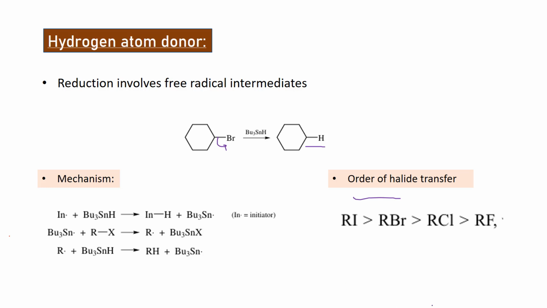Because of that, to break this bond we need a higher amount of energy, and the reaction becomes slower. Whereas the carbon-iodine bonds are comparatively weaker. Because of that, these bonds can be broken very easily by using this type of hydrogen atom donor.